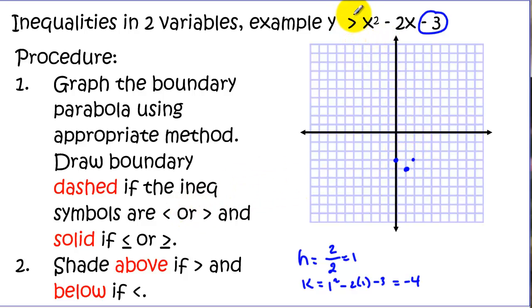Since we have a regular inequality, I want to draw that as a dashed parabola. So let me make a dashed parabola shape here. Oops, not very good at drawing the lines here. Let's see if I can get it going this way.